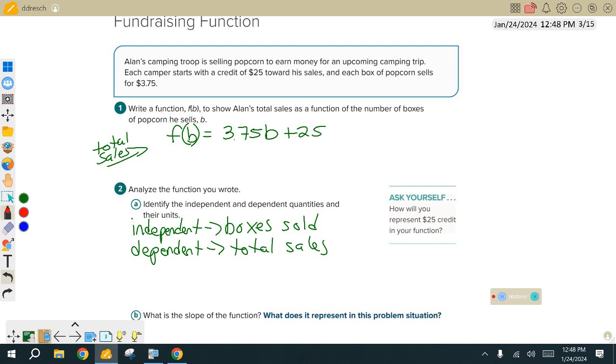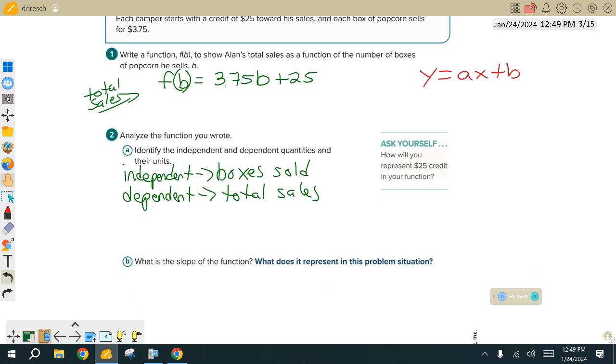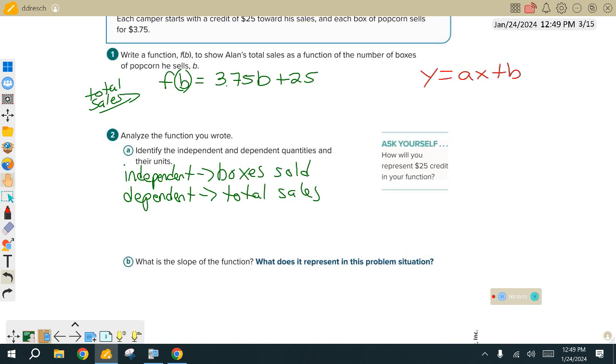Now, that equation that we made should look very familiar to everything that we've been working with the last couple months. 3.75b plus 25. That structure of that problem should look like our ax plus b. Yes, we use a little bit different letters, but the structure of it is the same.